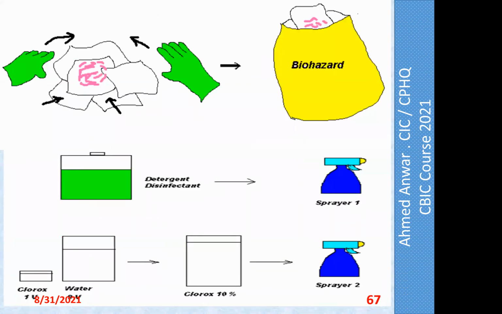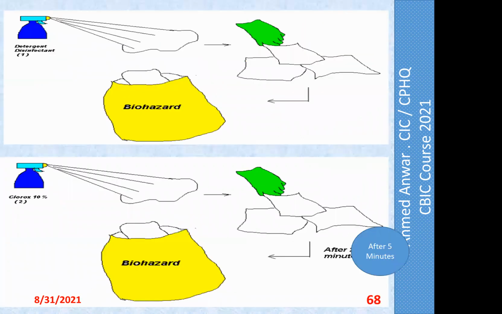Then collect the liquid with tissue and discard in the yellow bag. And you have to have two solutions: detergent solution or another spill kit absorbent powder, and Clorox solution. Spray the detergent or absorbent powder on the spill, then collect it and prepare fresh Clorox solution, 1 to 10 Clorox, and spray it and leave it for 5 minutes on the spill to ensure that all microorganisms or any virus in the spill is killed.